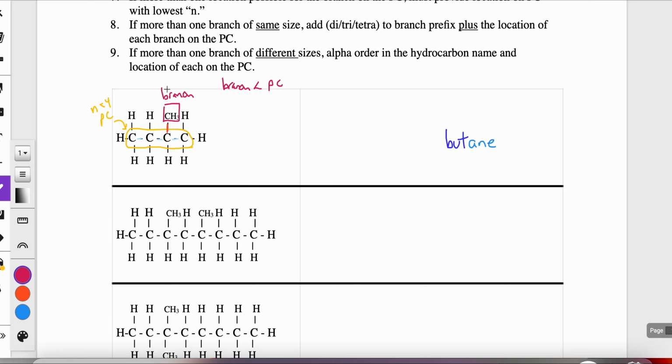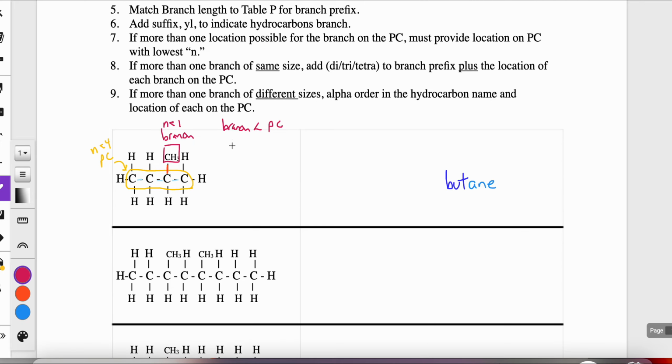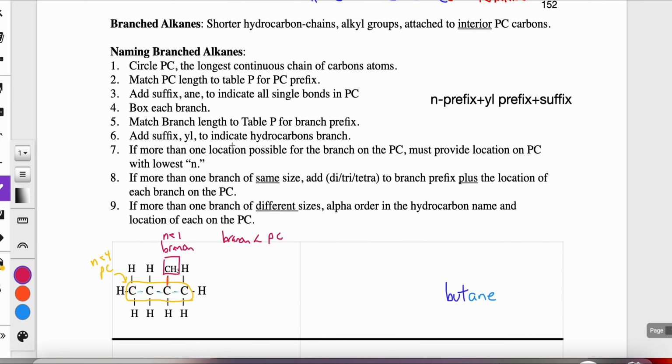So take a look. For this branch, n equals 1. So that means that this branch uses a prefix of meth, but the branches have that slightly different ending. So we have our branch length, and it ends with yl. And notice that this part, the branch, comes before the parent chain.